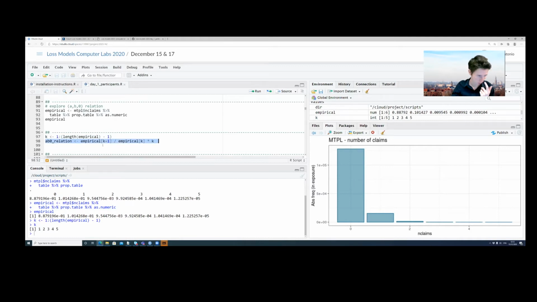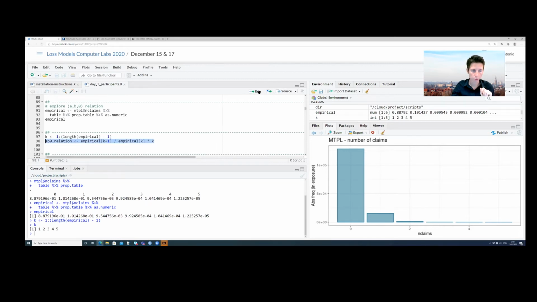So we're going to start with the empirical on position 1. Empirical on position 1, that's the empirical probability to get an outcome 0. The empirical on position 2, that's the empirical probability to get an outcome 1. And I'm going to multiply that with k equal to 1.